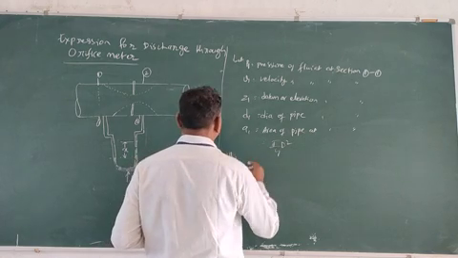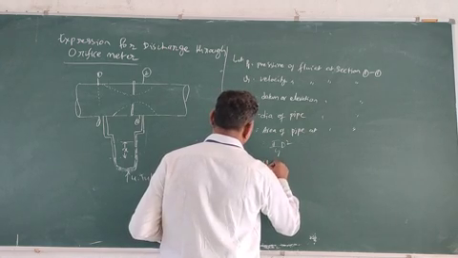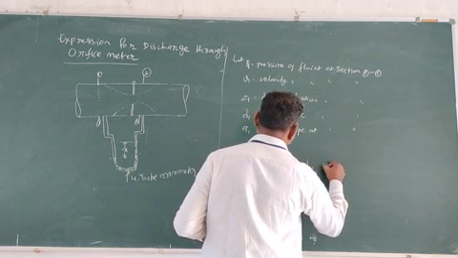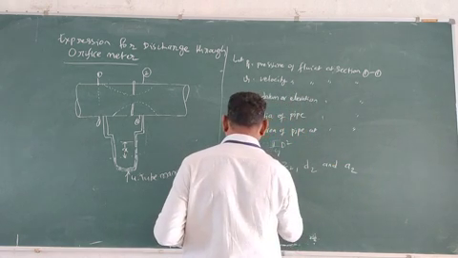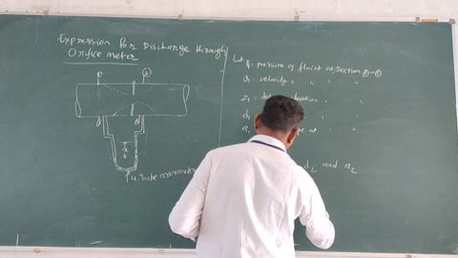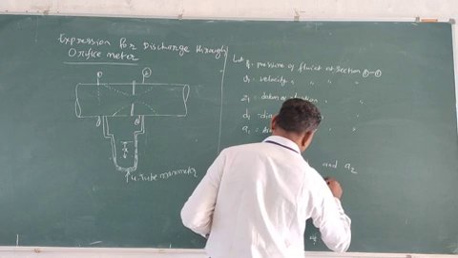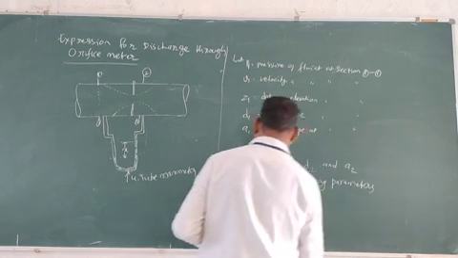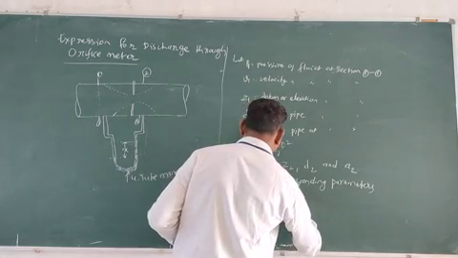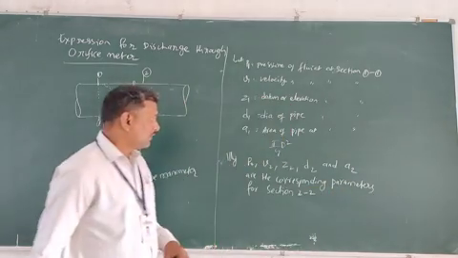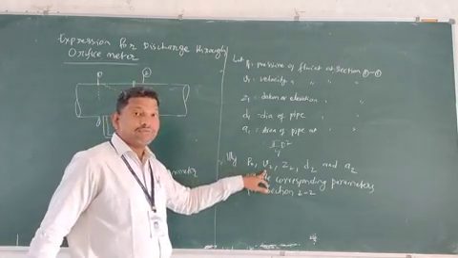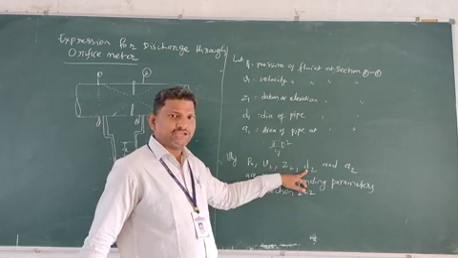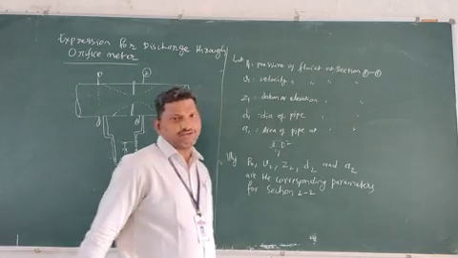Similarly, P2, V2, Z2, D2 and A2 are the corresponding parameters for section 2: pressure at section 2, velocity of fluid at section 2, datum head at section 2, diameter of the pipe at section 2, area of the pipe at section 2.